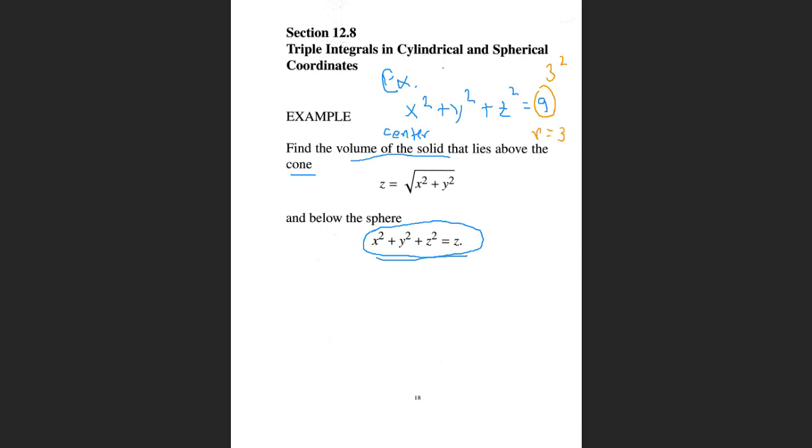That's right, Logan. That's right, Alexander. It would be centered at the origin, right? Because really, you can think of this sphere as x minus 0 squared plus y minus 0 squared plus z minus 0 squared equals 9.